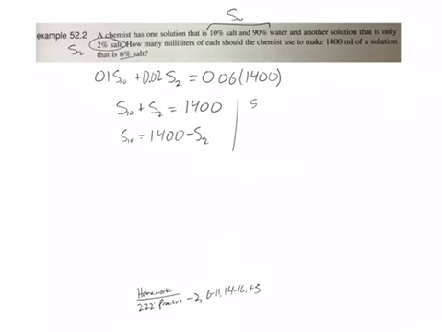So 0.1 times 140 minus S sub 2 plus 0.02 S sub 2 is equal to 8.4, and that's just multiplying those two numbers, that's how I got that 8.4.